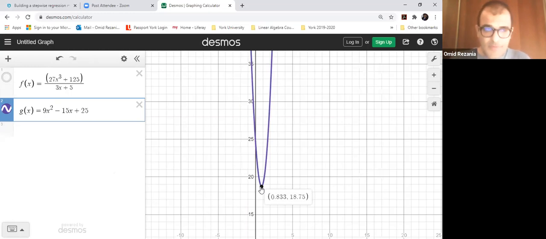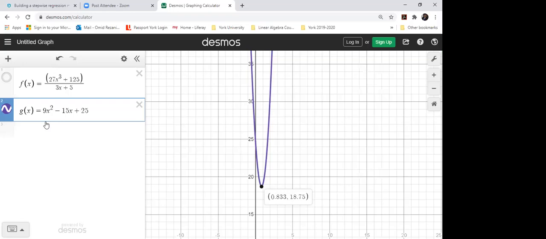Now, guys, I'm also just going to click on the previous plot. Look at the plot which I plotted right now as a single variable function of g of x. It's a polynomial of degree 2 with the leading coefficient of 9, correct? Yes. Awesome.